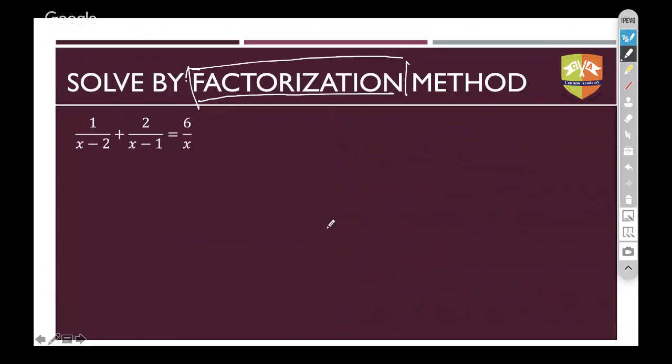And when nothing is mentioned, then it is your choice whether you use the factorization method, complete the square, or use the quadratic formula. Most of the questions in the CBSE board paper you can solve by factorization method.